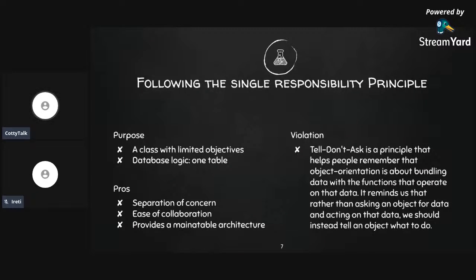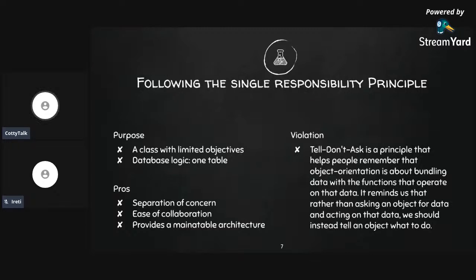We are not finding unnecessary functions in a model, and you might not even know that a function already exists but is supposed to live elsewhere. So it makes collaboration easier, and it provides a maintainable architecture, obviously.